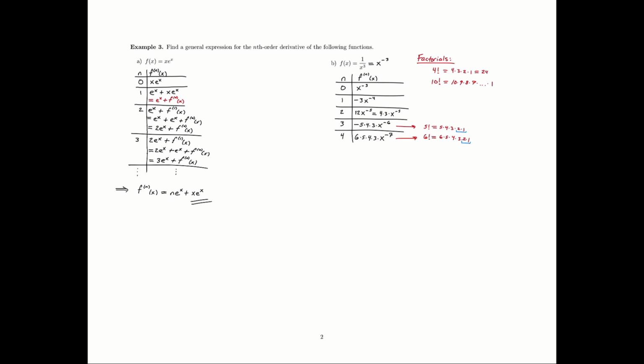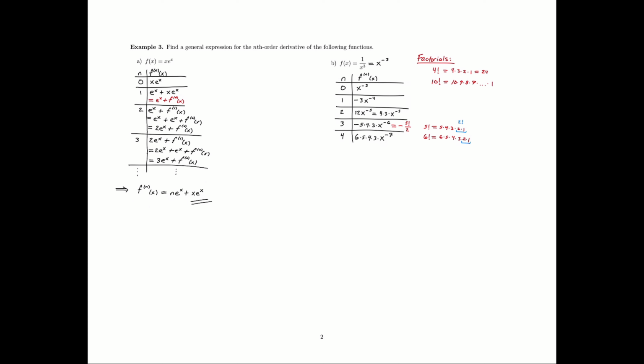So what we could actually do here is notice that 2 times 1 is just 2 factorial. So it looks like this is actually, let's go ahead and erase this for now. We can actually say that this is equal to negative 5 factorial over, now you can write 2 factorial or you can just write 2.